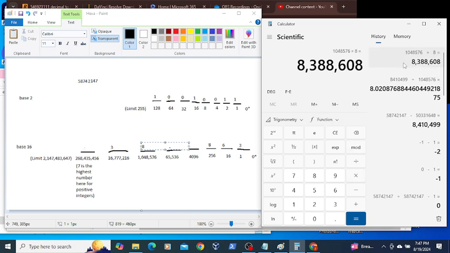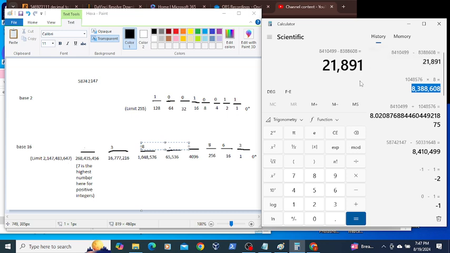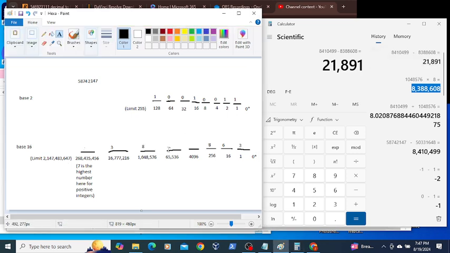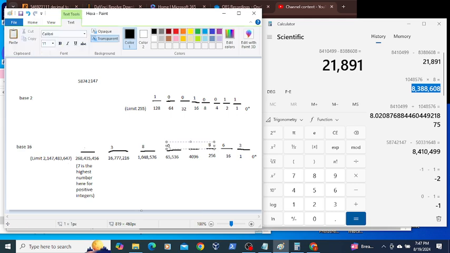And that's what we're subtracting. So yeah, 8,410,499 minus this. And you get 21,891. Does not fit in this range, so 0.